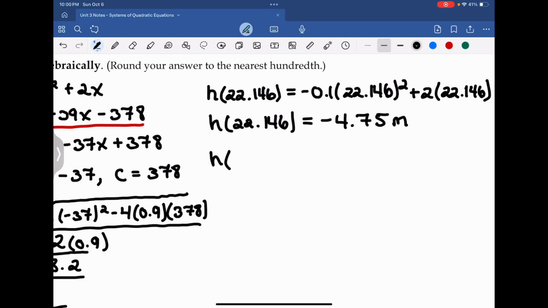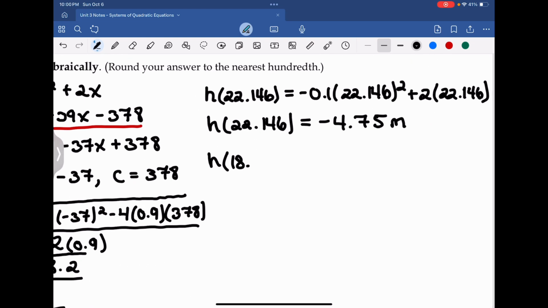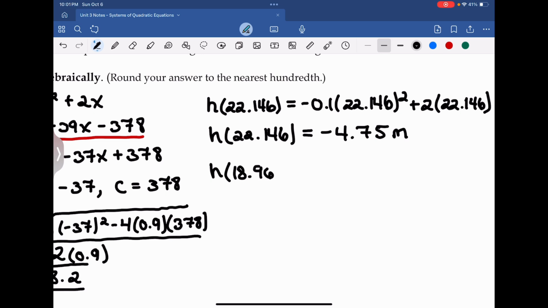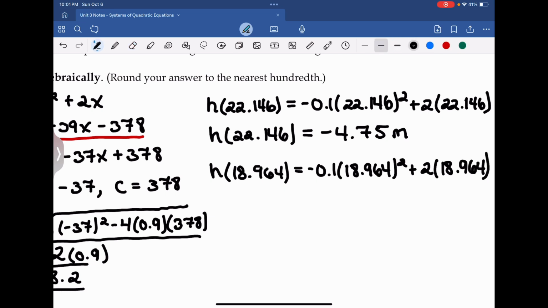So for our second case, it's going to be height at 18.964, is equal to negative 0.1 times 18.964 all squared plus 2 times 18.964.